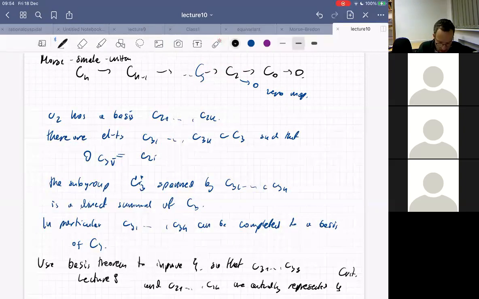So in C3 you have the subgroup that is the kernel of D3 and the image of D4.